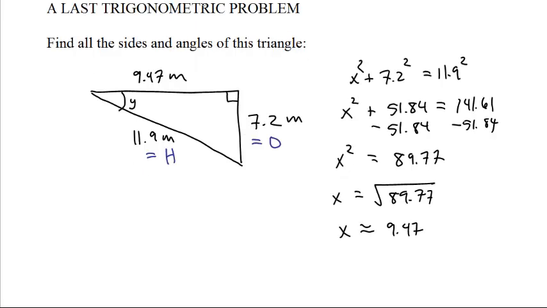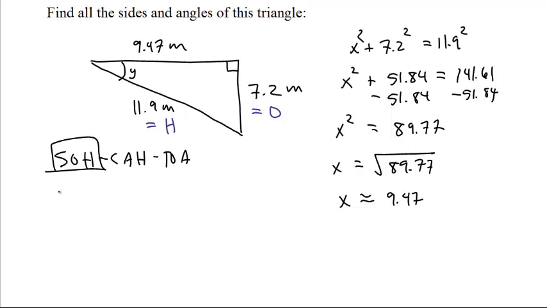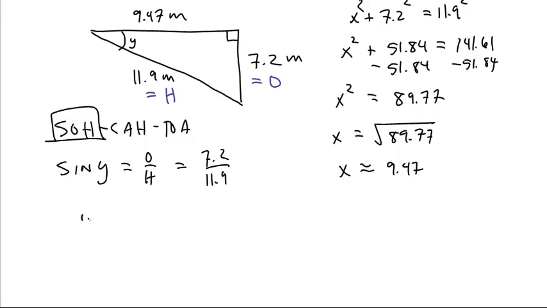We could have used any of them, but what SOHCAHTOA, S-O-H, SOHCAHTOA, so has the O and the H, so we're saying that the sine of Y is O over H, which is 7.2 over 11.9. Hopefully at this point you can just say Y is the inverse sine of 7.2 over 11.9.